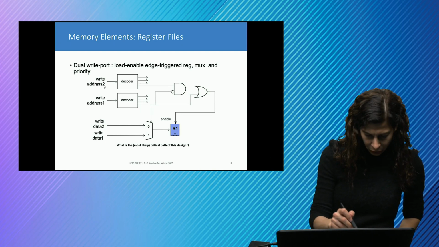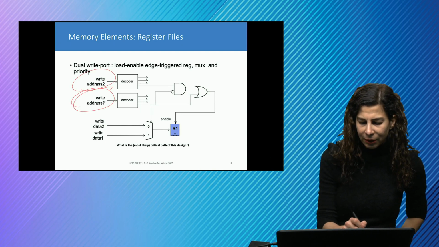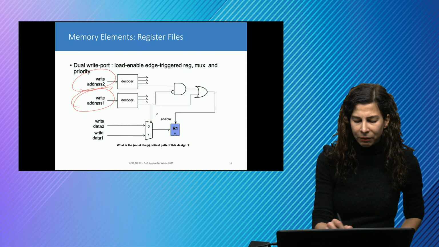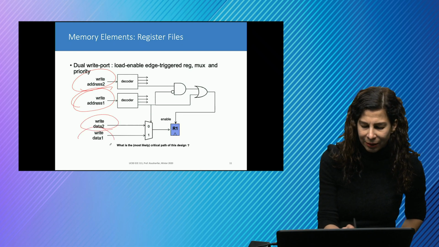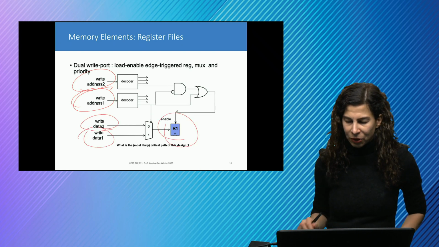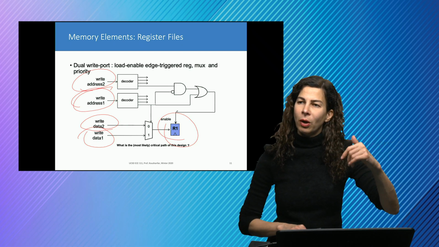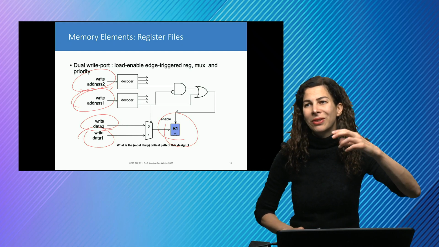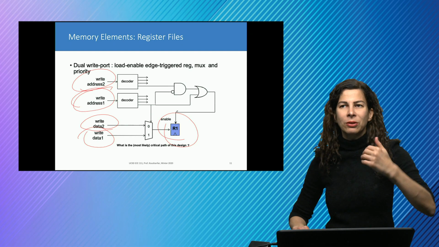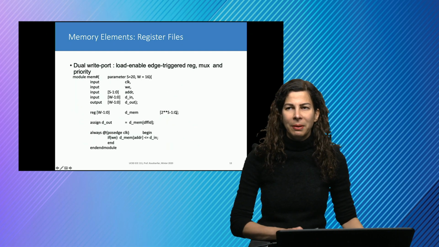The two decoders get two addresses, and one of them is selected to write the data to the particular register. We can't simultaneously write to the same register, but we can select which port is writing to the register at a specific time.